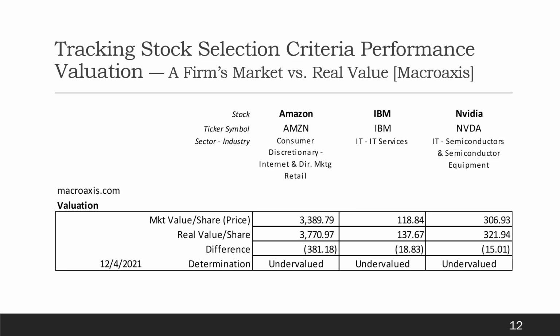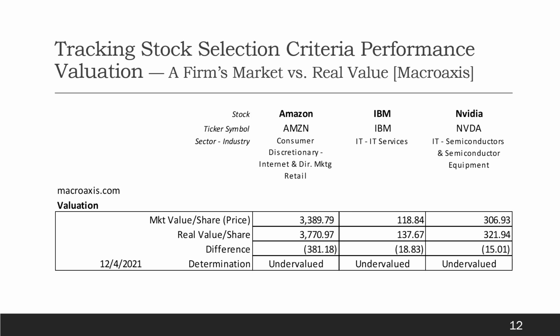Comparing the two, market value and real value, we get a determination if the stock price of a firm reflects an overvalued, fairly valued, or undervalued estimation per share of that firm.